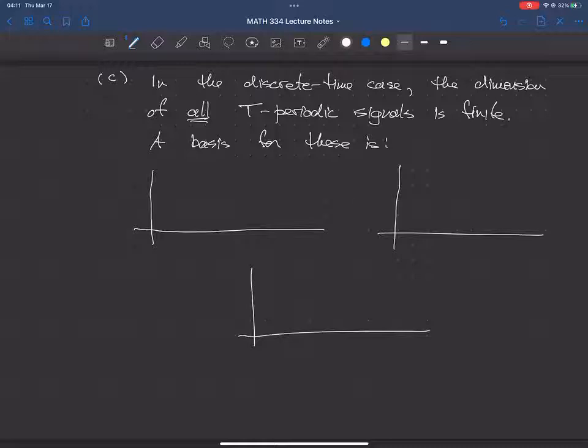Okay, so I'm periodic with period T. Let's say here's a period, and here's another period. And of course, I also go off to minus infinity as well, but let me just draw the positive periods for concreteness.